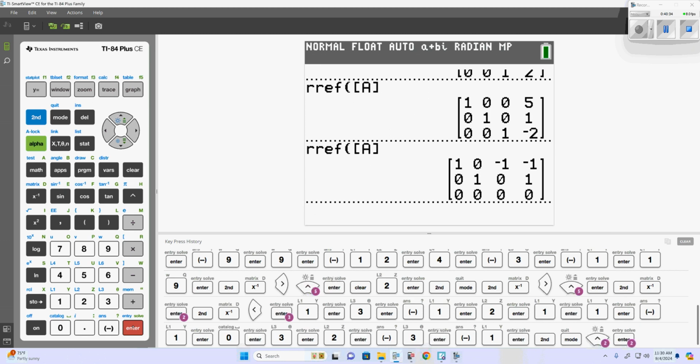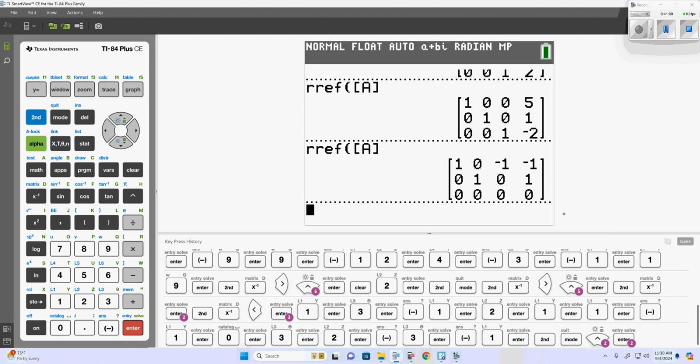So instead of typing in second matrix over one RREF, second matrix A, I just scrolled up and grabbed the previous RREFA, enter to bring it back down. It's just a shortcut. Now if you notice this here, we don't have a diagonal of ones. The first row is 1, 0, negative 1, negative 1. The next one's 0, 1, 0, 1.